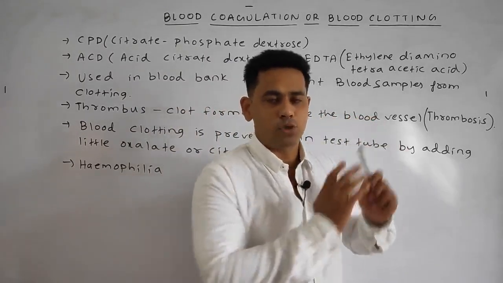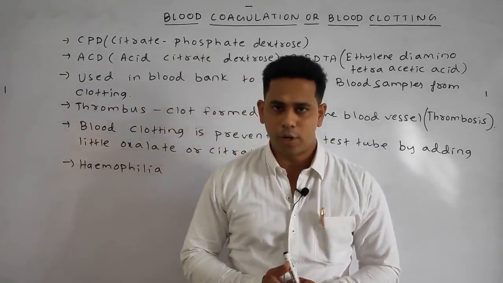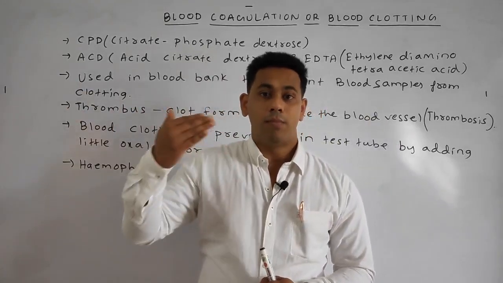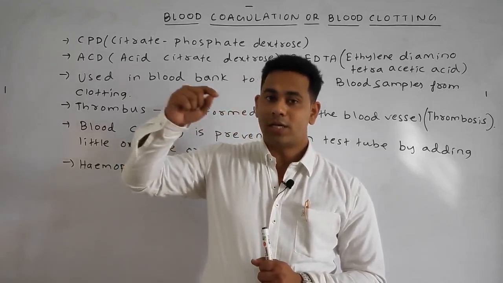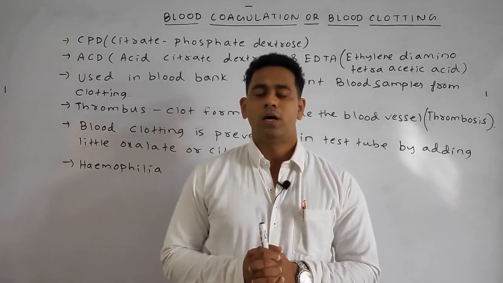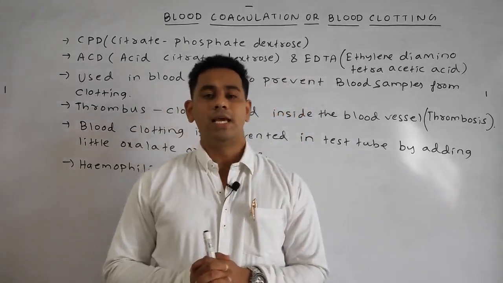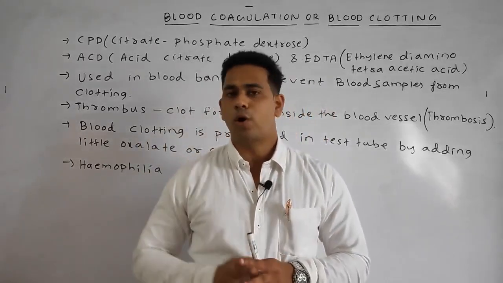As we have discussed, if the blood comes out of the body, obviously the blood will clot, and that clotted blood cannot be used, so we should use clotting-free blood, in which no clotting has occurred.